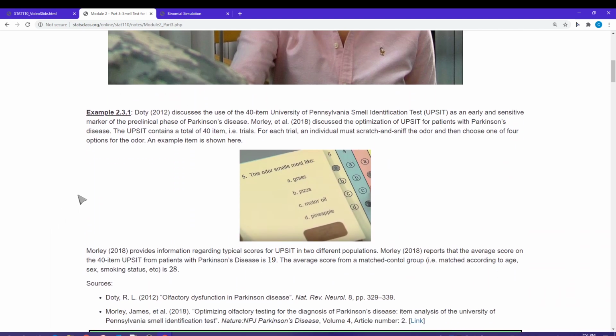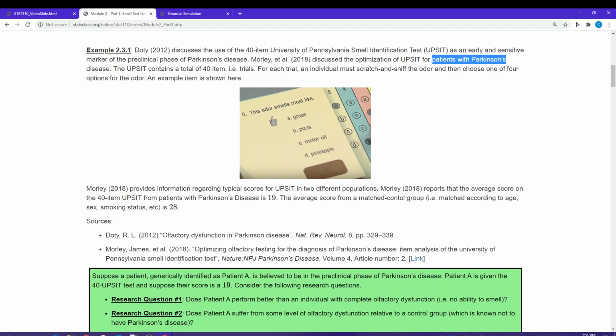Okay, so this was a 40-item test, so it had 40 questions on it. And we are going to talk about a discussion regarding Parkinson's disease. So here's what that test looks like.